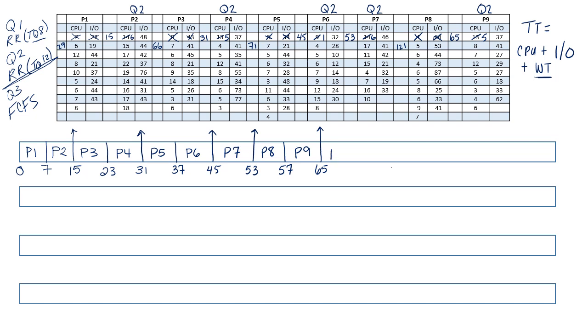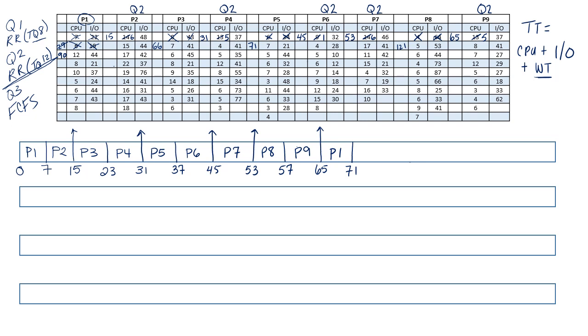So P1 has a CPU burst of 6 time units, so it will be on the CPU until time 71, at which time it will go out to I/O for 19 time units and will come back at time 90, and it will remain a level 1.